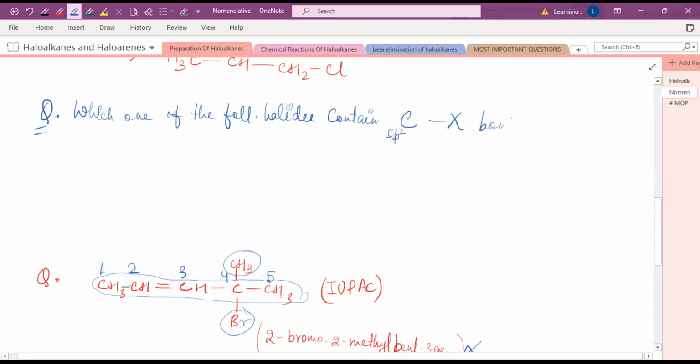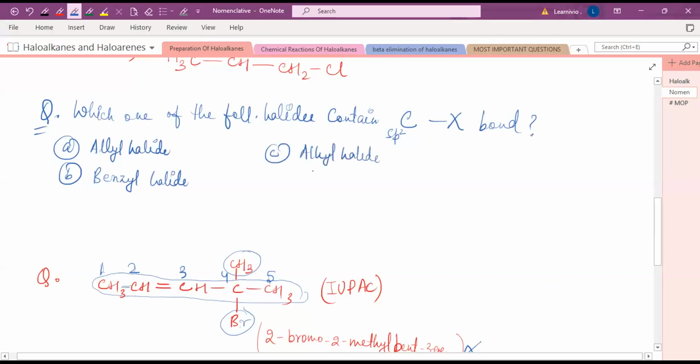Which halide has this bond? Option A is allyl halide, option B is benzyl halide, option C is alkyl halide, and option D is vinyl halide. Tell me which option is correct.